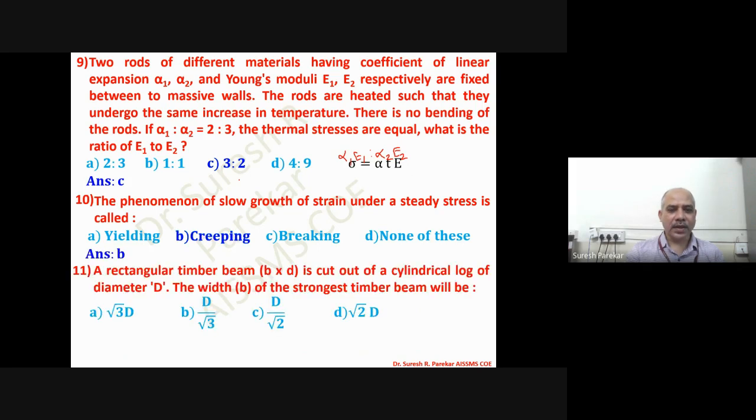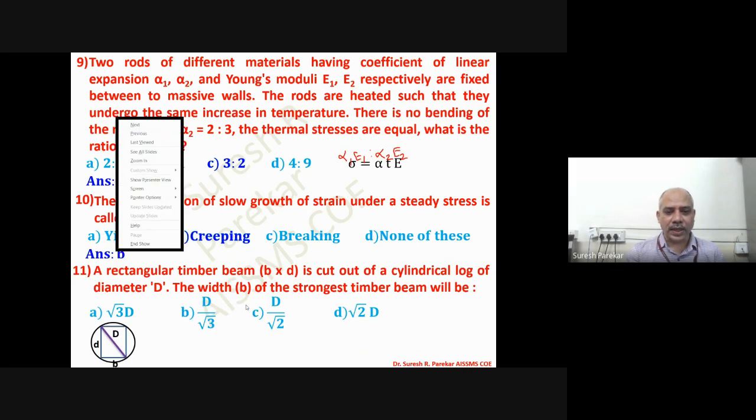B option. A rectangular timber beam B by D is cut out of a cylindrical log of diameter D. The width B of the strongest timber will be? Then we have this will be a rectangular section, B D. So we are interested to find out the width of the strongest timber.